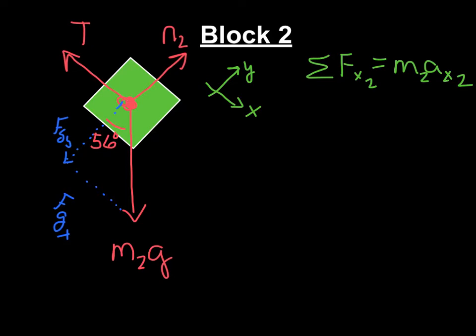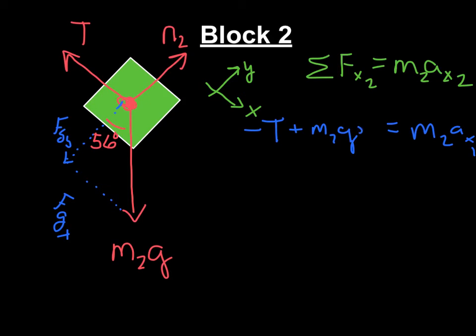So now if we look at this block, it's a little bit more complicated because we've got this angle. There's no friction in this problem, so the y direction is not going to really matter. All we care about is this x direction. Setting up the x direction, it's accelerating, so we've got m2a_x2 equals the sum of forces: tension pulling in the negative direction, plus m2g, and since it's the component on the opposite side of this angle, we use sine.